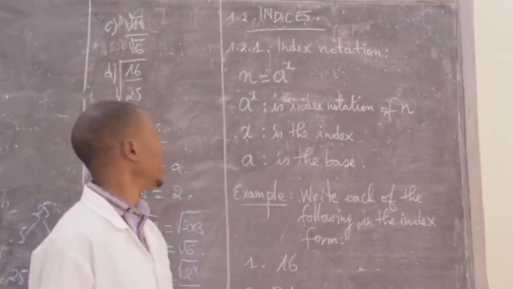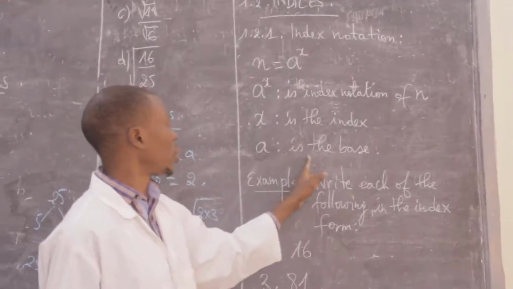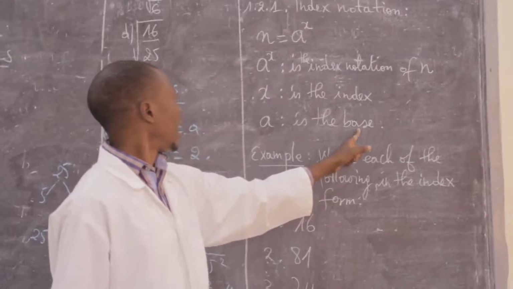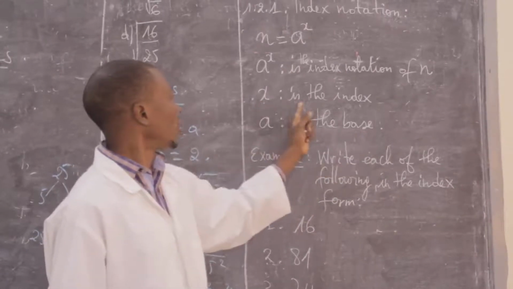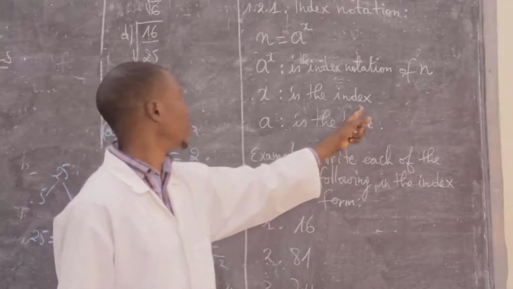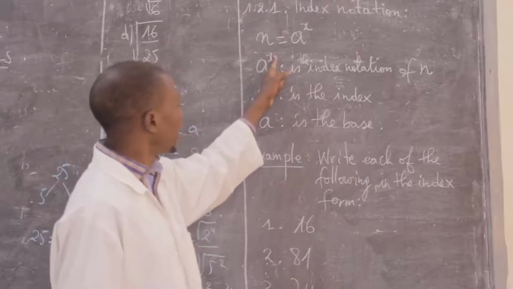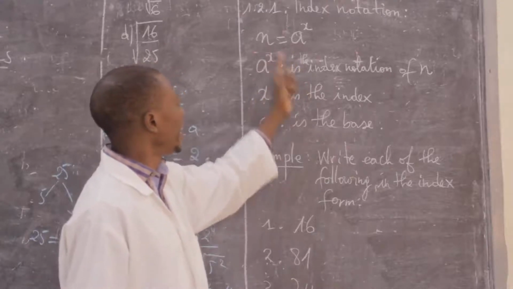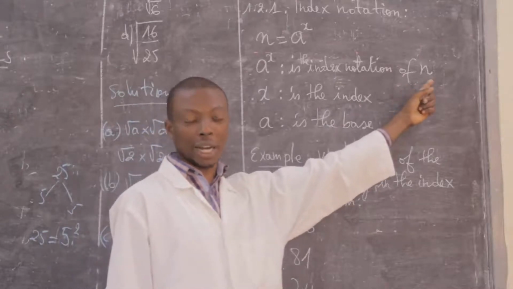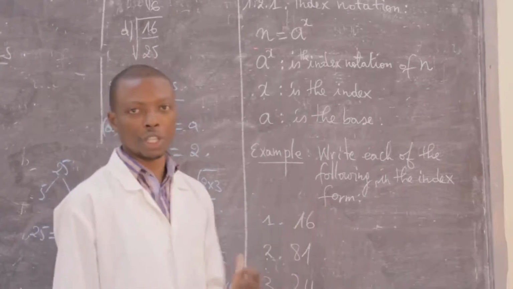What does it mean? This a represents something which we call the base. A will be the base, and x will be called the index, the index or the power simply. Now, if you have a power x, you write down this n in the index notation of the number n. Good.